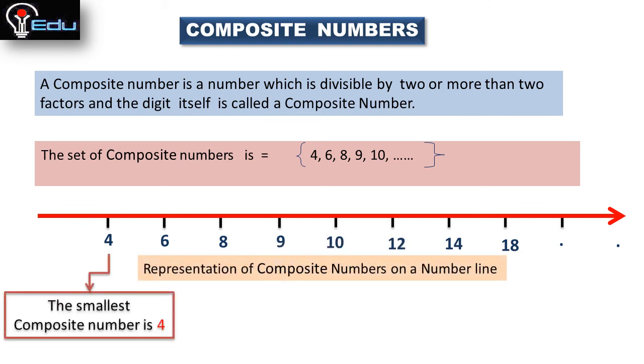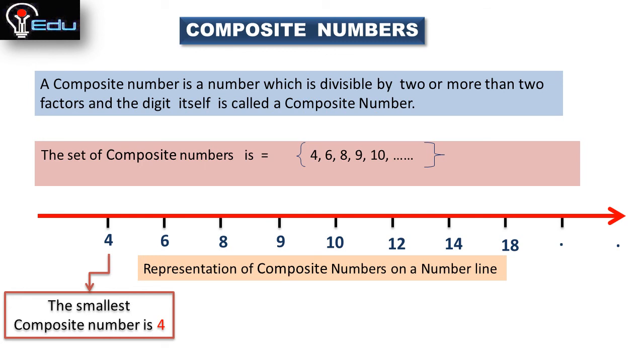The 4 is the smallest composite number, and it has 3 factors, that is 1, 2 and 4. More than 2 means 3 factors are there, and 4 itself is one of the factors, so it satisfies this definition. So 4 is the smallest composite number.